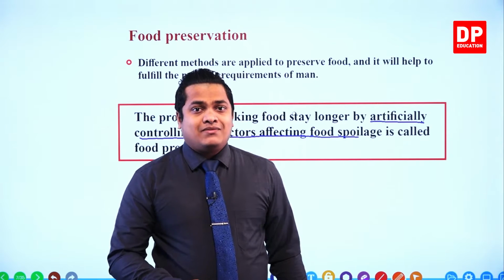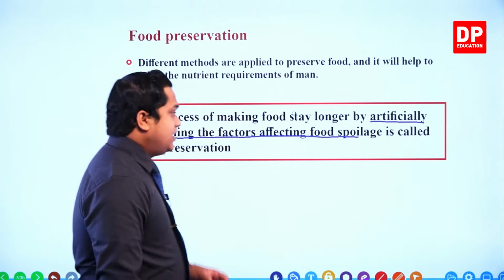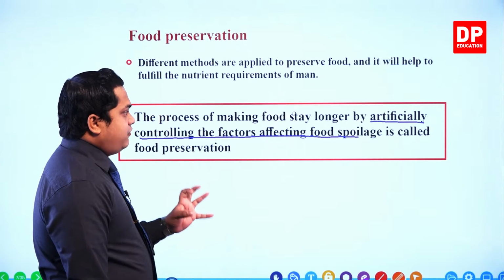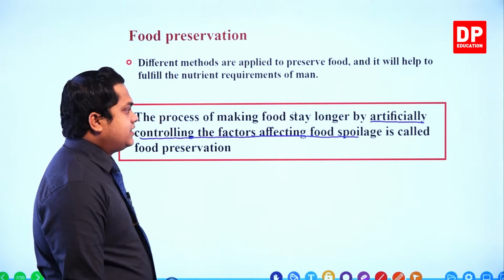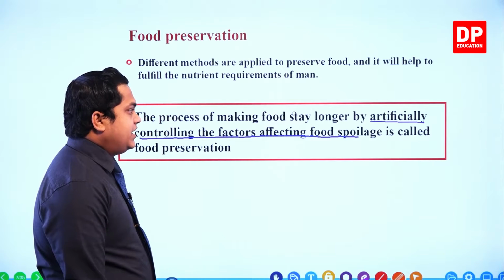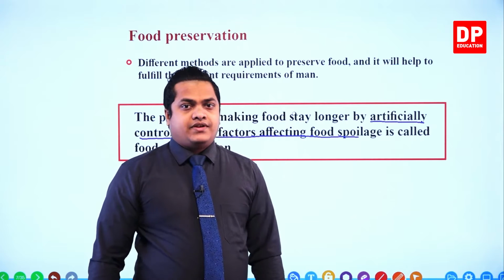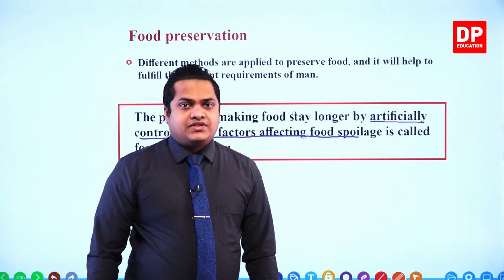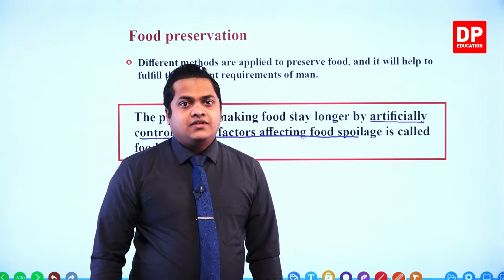We do this artificially. Once again, the process of making food stay longer by artificially controlling the factors affecting the food spoilage is called food preservation.